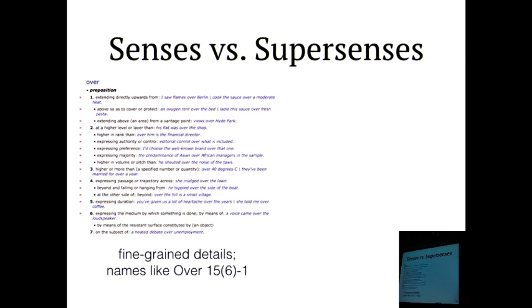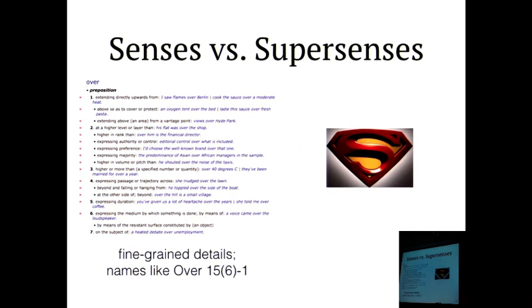This captures some of the fine-grained meaning details that may be truly specific to that word, but it makes it difficult to generalize, particularly to other languages, because you would need to create an entirely new dictionary. But also, there have been some schemes that were developed for, say, the top 15 most frequent prepositions, but then if you want to look at 30 more prepositions in English, you would need to define a bunch more definitions.